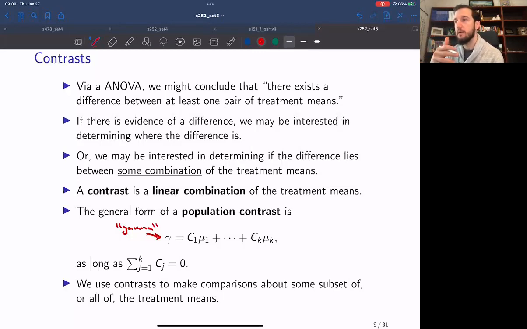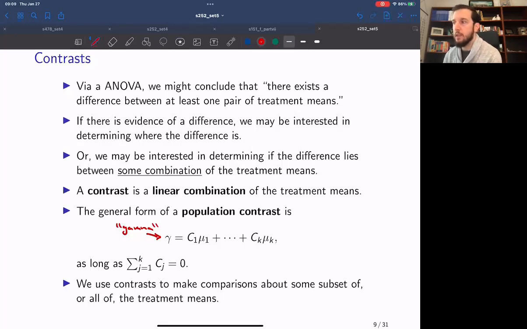So they're not any other type. The means can only be added and subtracted, and they all have to be to the power of 1. You can't have something like C1 mu1 squared minus C2 square root of mu2. That would not be a valid population contrast.